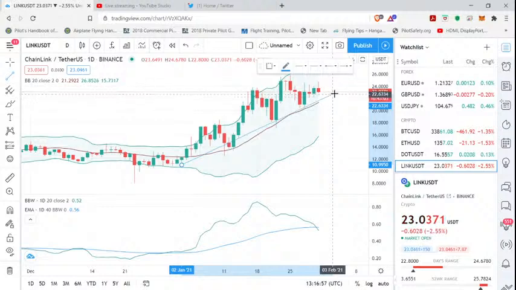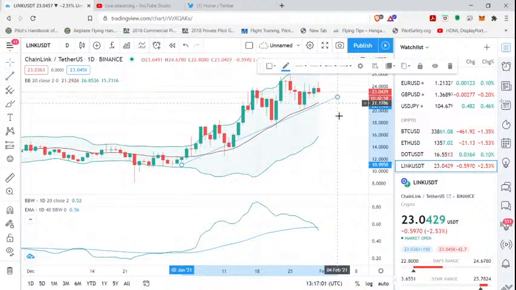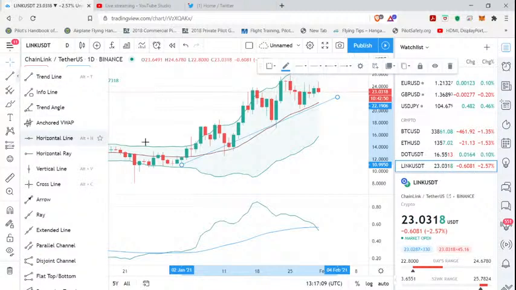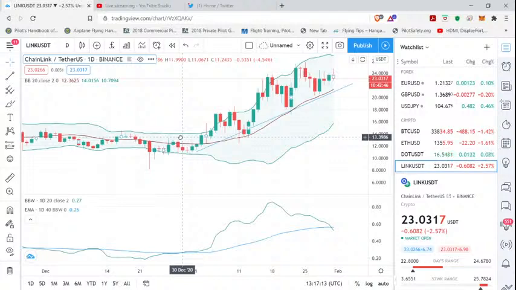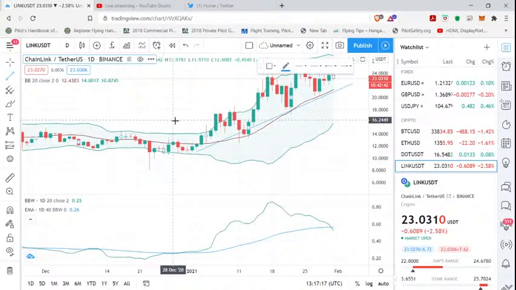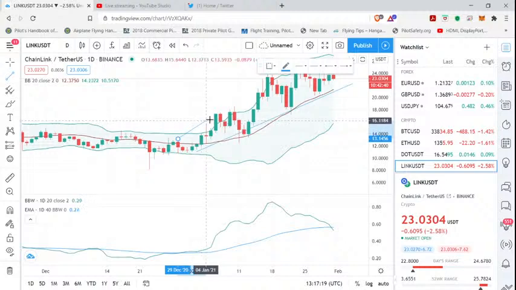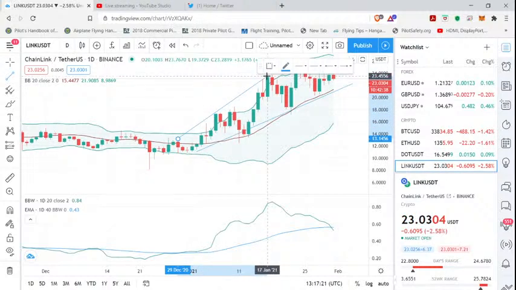It's not perfect. They don't have to be perfect. You just want to get them close enough to get a general view. Here's your buying pressure. Here's your sell pressure. Here's 1, 2, 3.